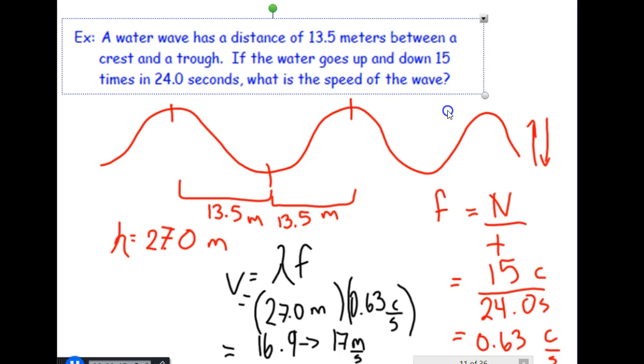That wave is moving 17 meters per second. You only get 2 significant figures for this calculation.